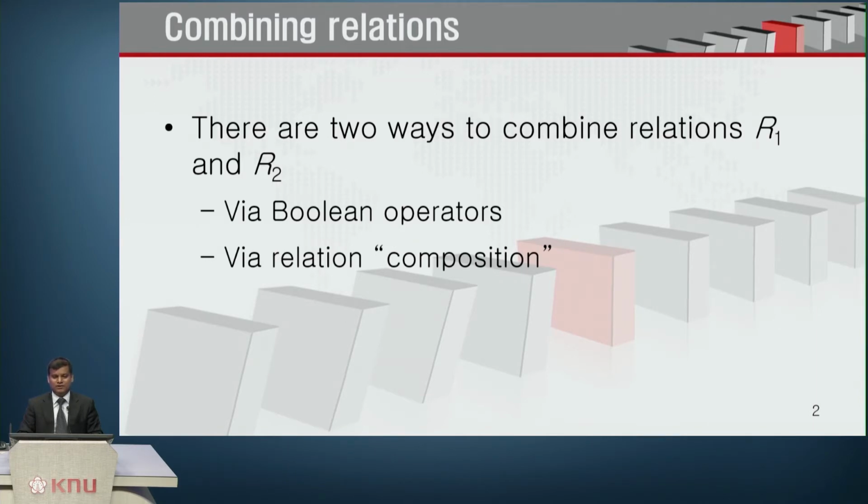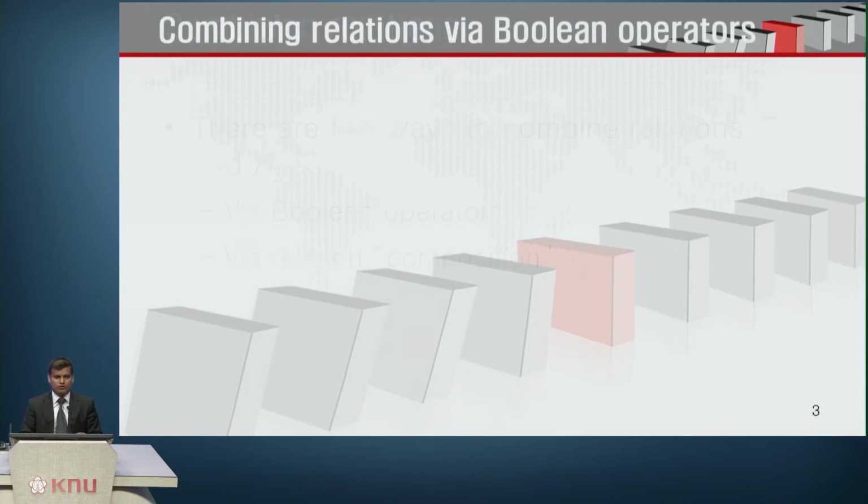If you recall the composition of F and G that we saw while we talked about functions. Via these 2 ways we can combine relations, and the relations that come out of these operators would be quite different. Let's see how they are combined via Boolean operators.